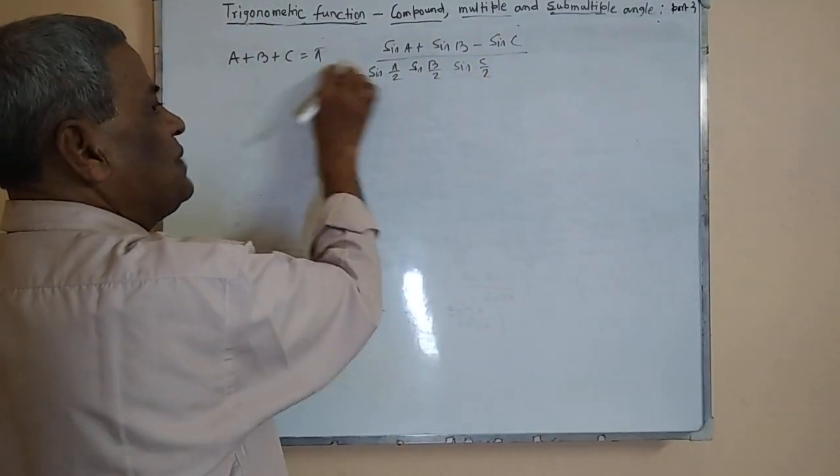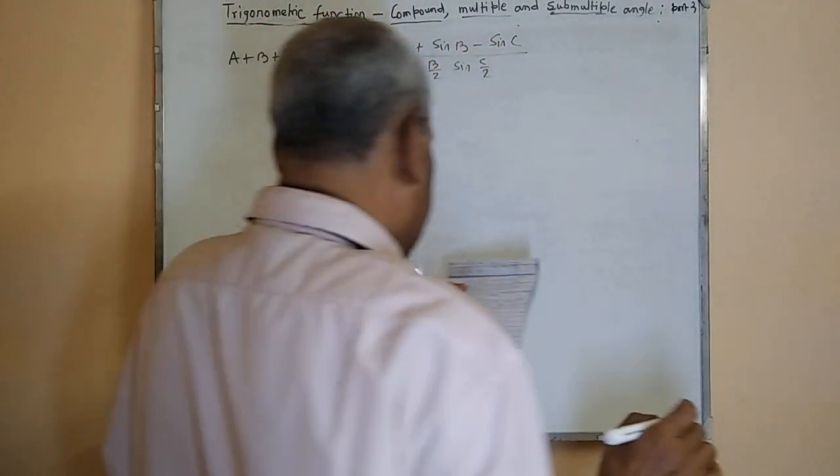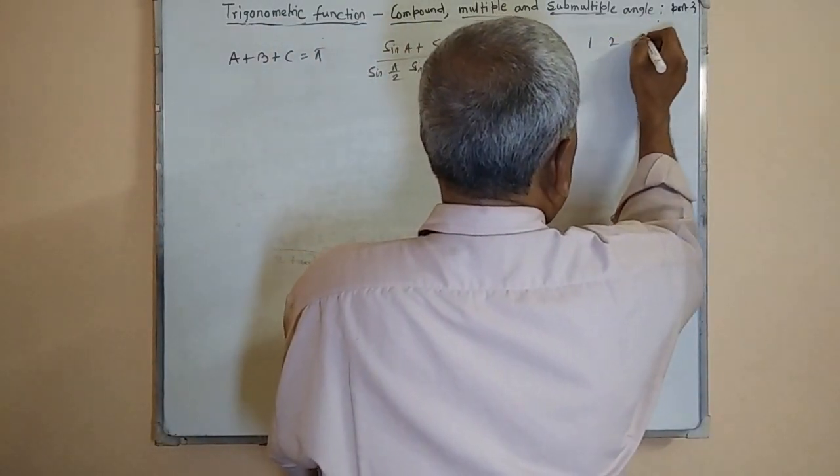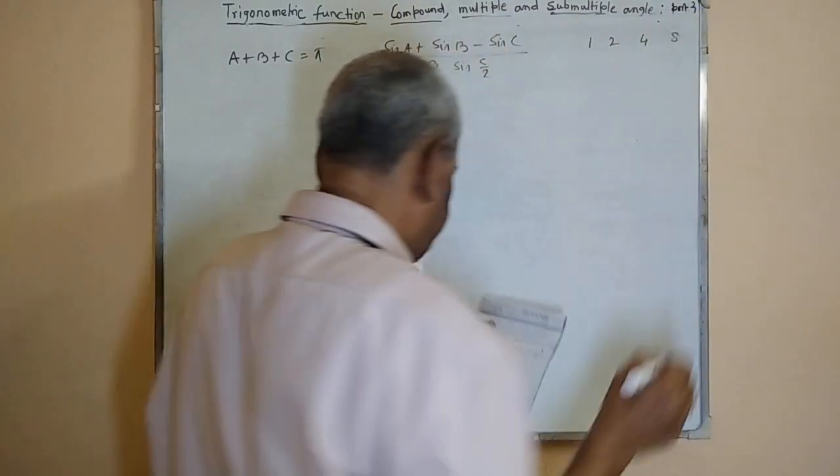A plus B plus C is pi, then this by that. And its options are 1, 2, 4, 8.